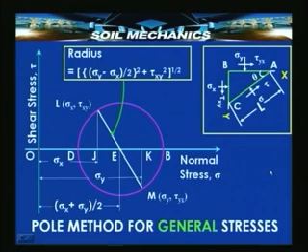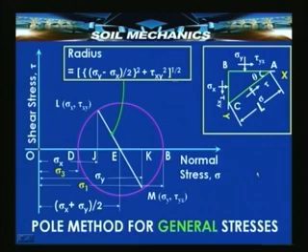Midpoint E will have coordinates sigma x plus sigma y by 2. D will be equal to sigma 3, B will be representing sigma 1, and now comes the determination of the point C on the Mohr circle, which will correspond to the state of stress sigma, tau.